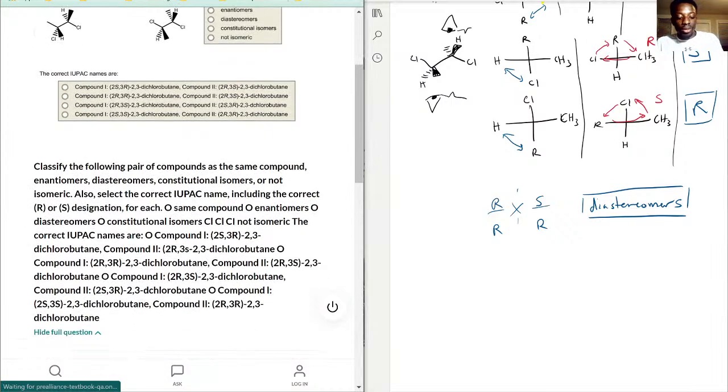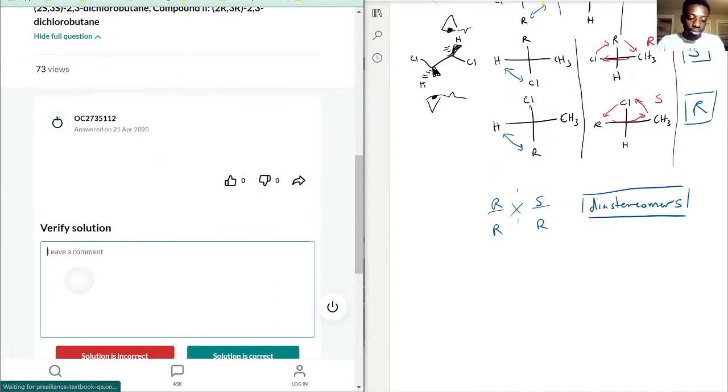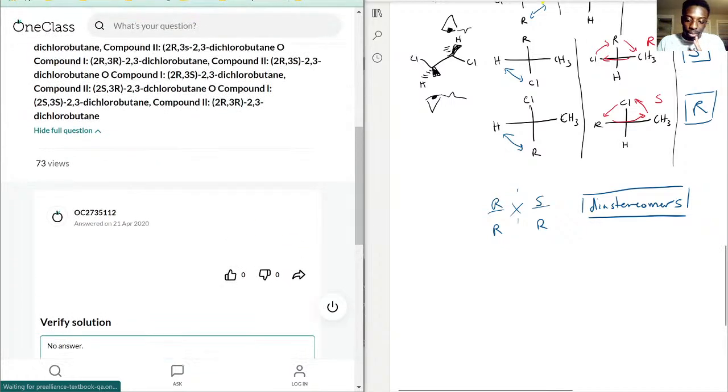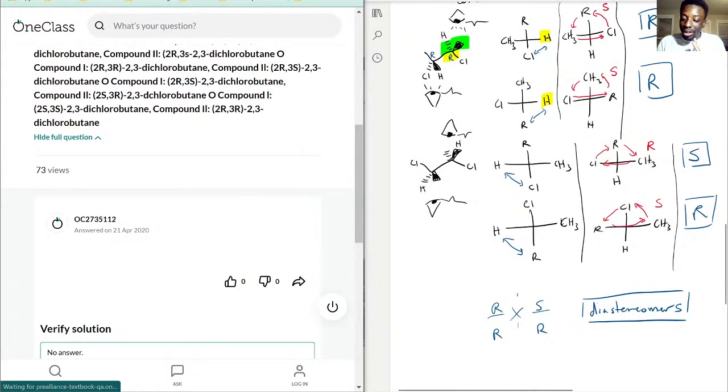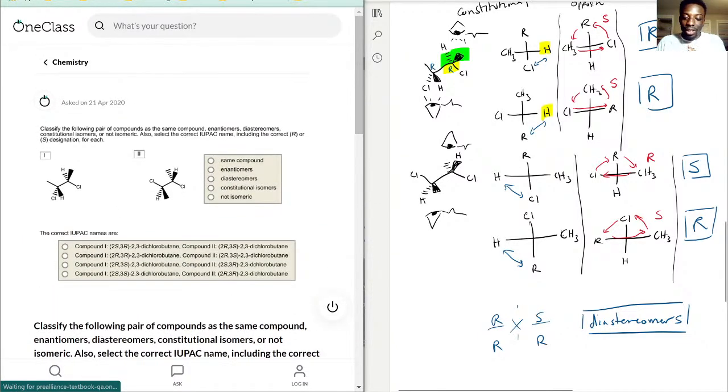Now let's see if we did it correctly. Oh, no answer. Okay, so we got our work cut out for us. So we can only hope that I did this right. So I'm going to leave that here just for you to quickly take down any notes that you want to. A lot of steps.